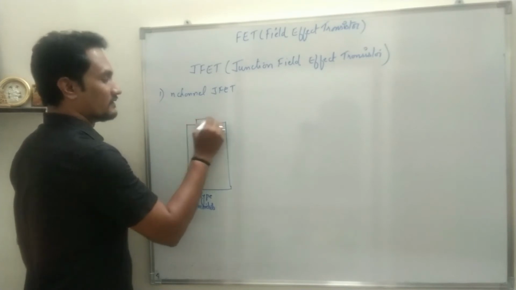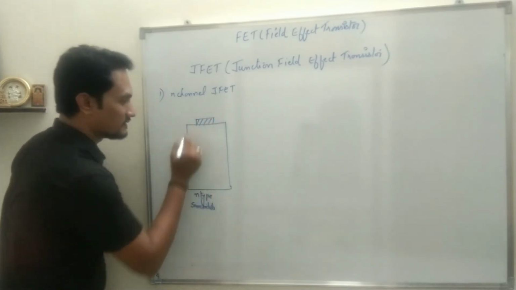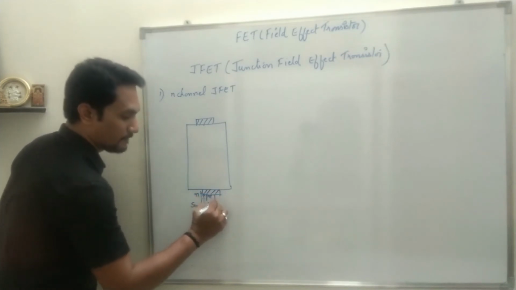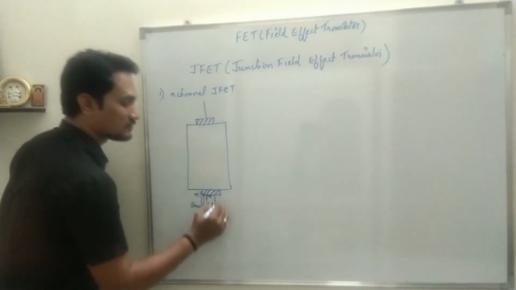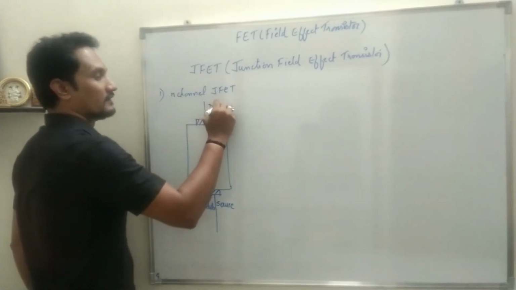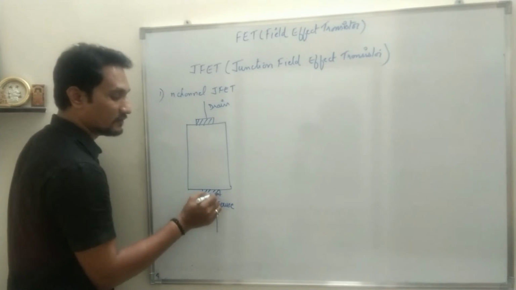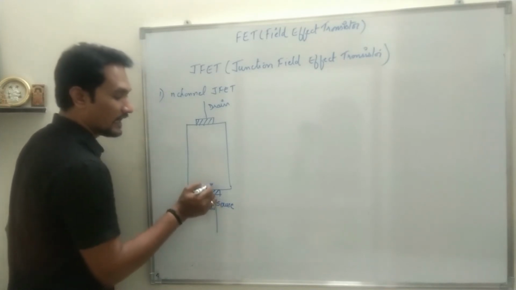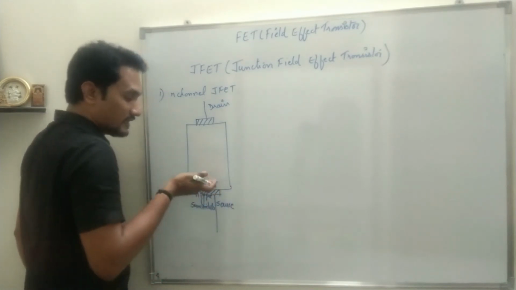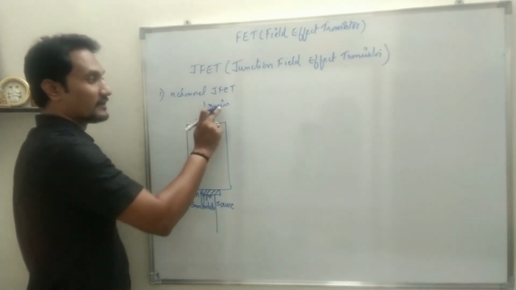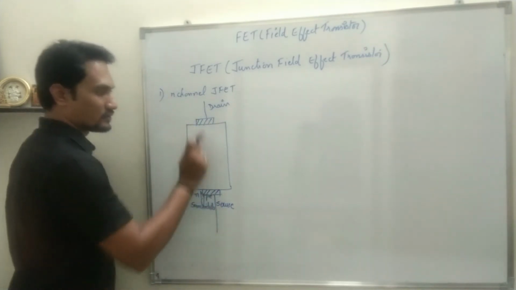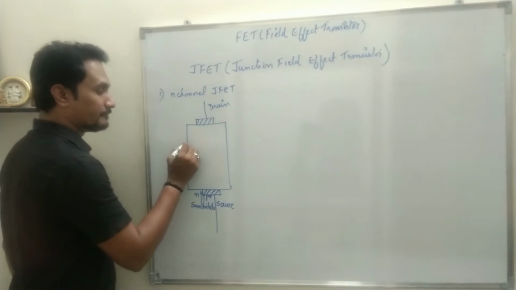This N type semiconductor acts as a resistance between the 2 terminals. These 2 terminals are called source and drain, because the charge carriers will move from one terminal and be collected by the other. Source means the charge carriers will move from this terminal. Drain means they will get collected by this terminal.